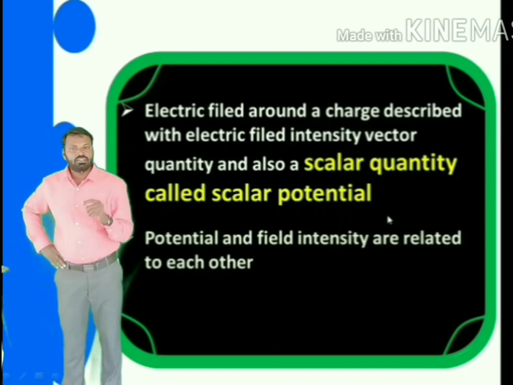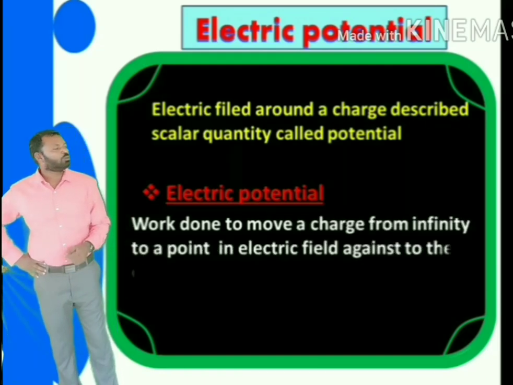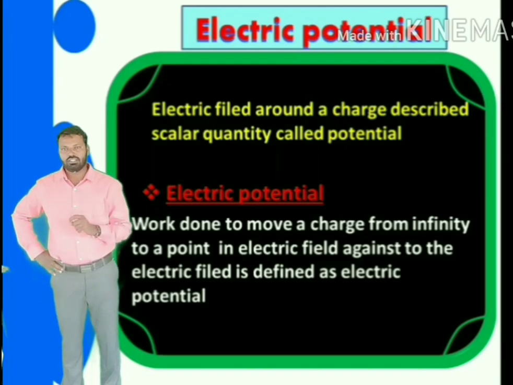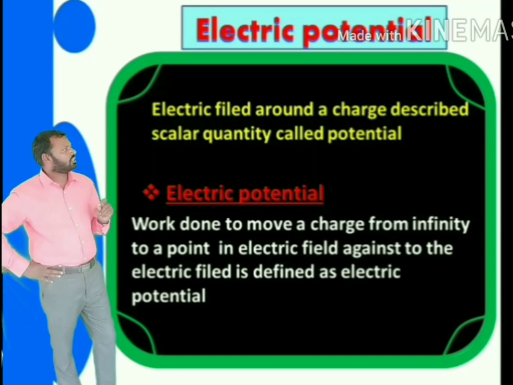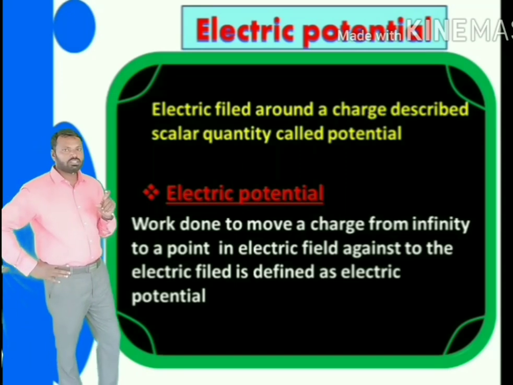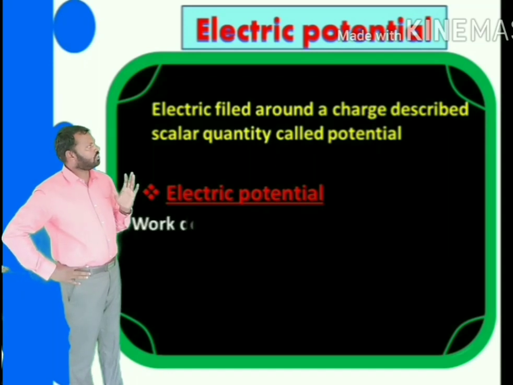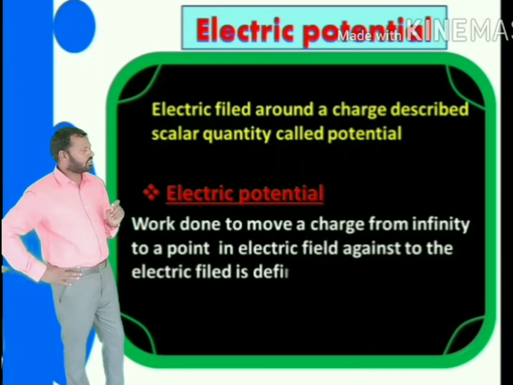Now, the definition for electric potential: the work done to move a charge from infinity to a point in an electric field, against the electric field, is defined as electric potential. I repeat, the work done to move a charge from infinity to a point in the electric field is defined as electric potential.